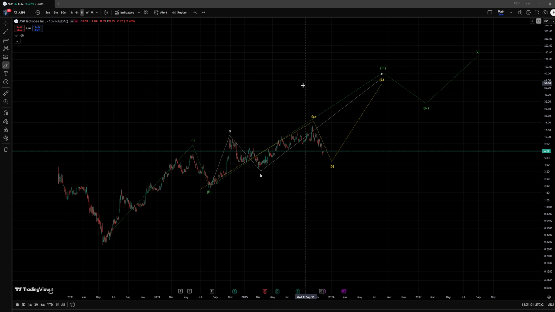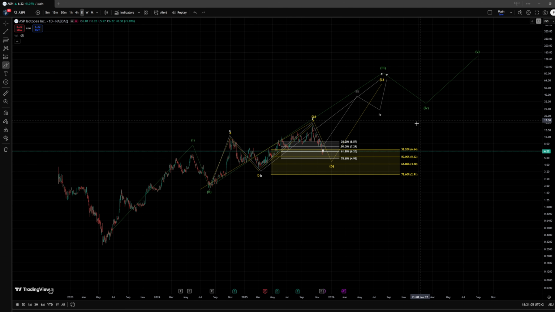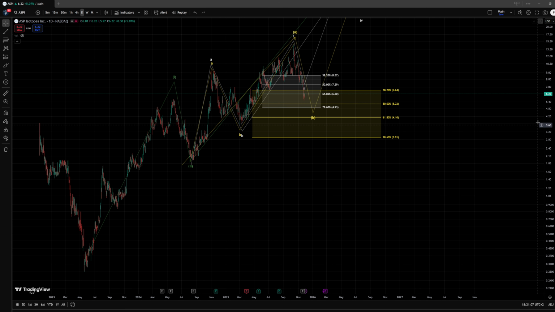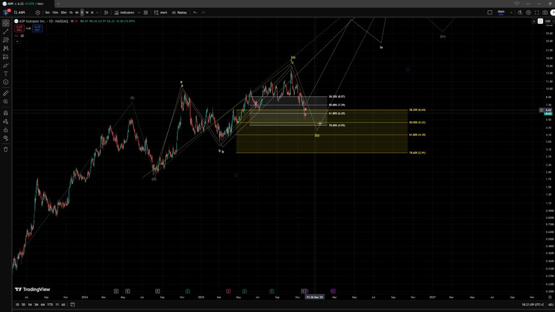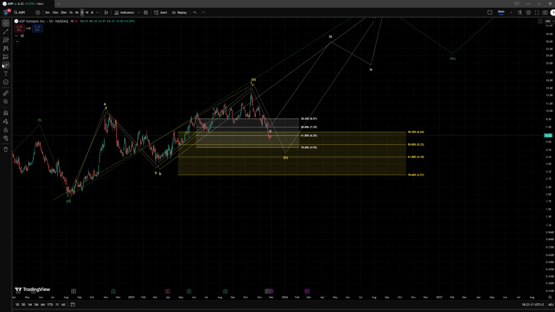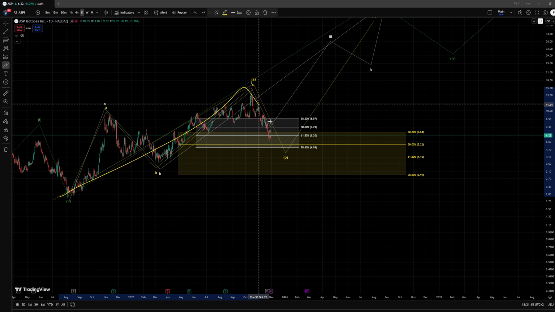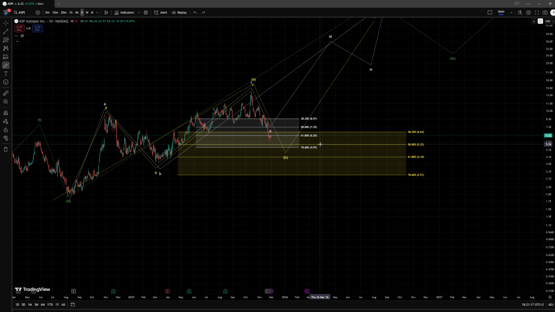Now, with that said, we can move into the slightly smaller time frame, and we still have the same areas of support for this larger correction that we are tracking, where in white we are tracking a 1-2 setup, and in yellow we are looking for an AB setup. In the white scenario, we expect to find support and create the reversal to the upside before breaking the 78.6% retracement at the $4.9 level.